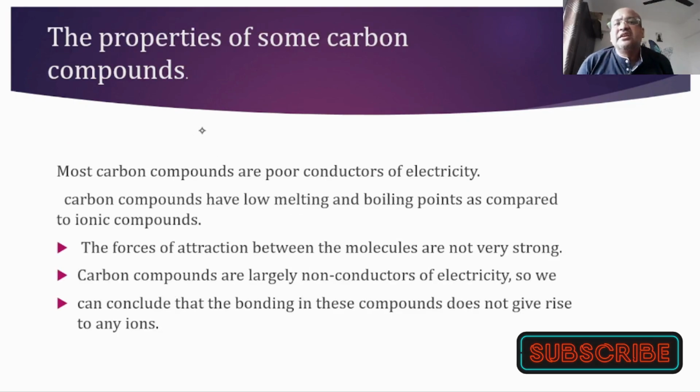Now let's see the properties of some carbon compounds. Most of the carbon compounds are poor conductors of electricity, except graphite. Carbon compounds have low melting and boiling points compared to ionic compounds. If we compare ionic compounds like sodium chloride, the carbon compounds will have much lower melting and boiling points.